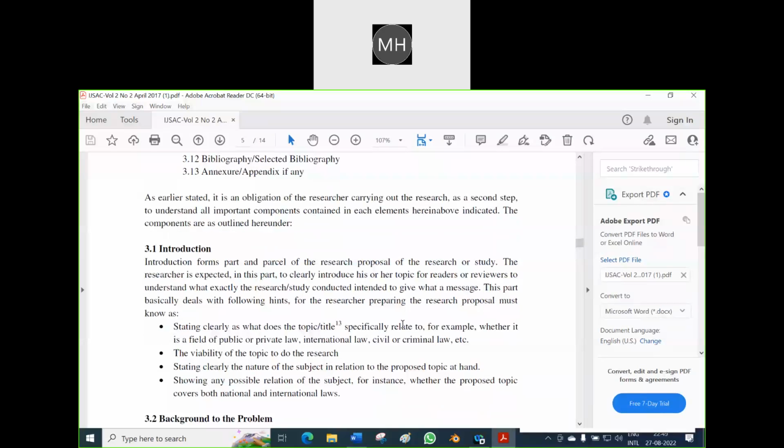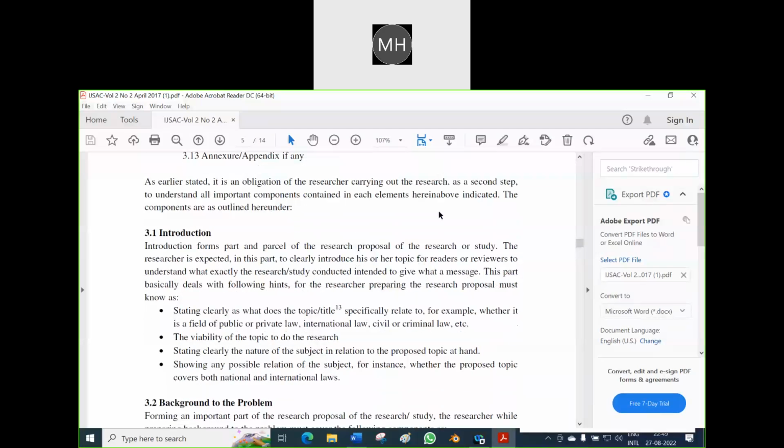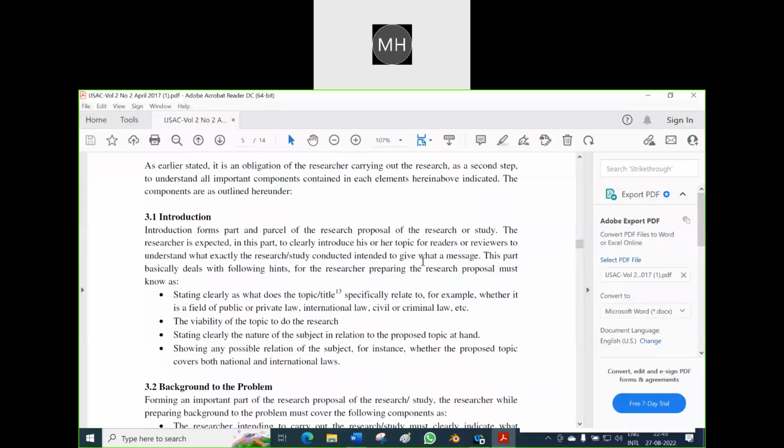You cannot read it because the font size is small, and I could not see the way to magnify it. But anyway, I will read it. The introduction forms a part and parcel of the research proposal or study.